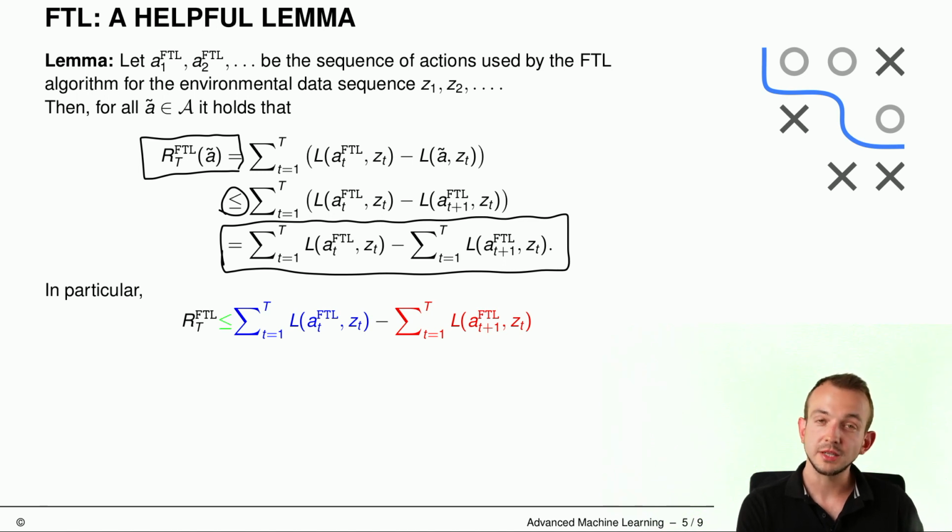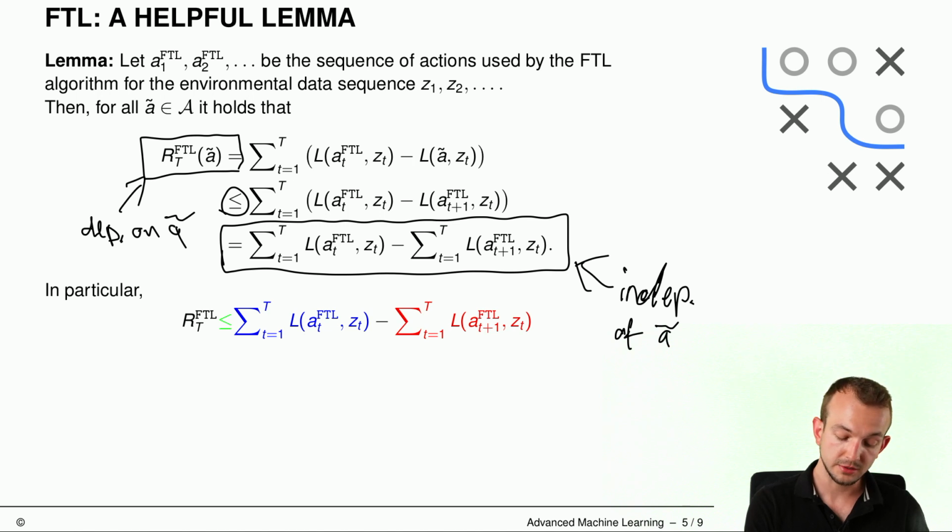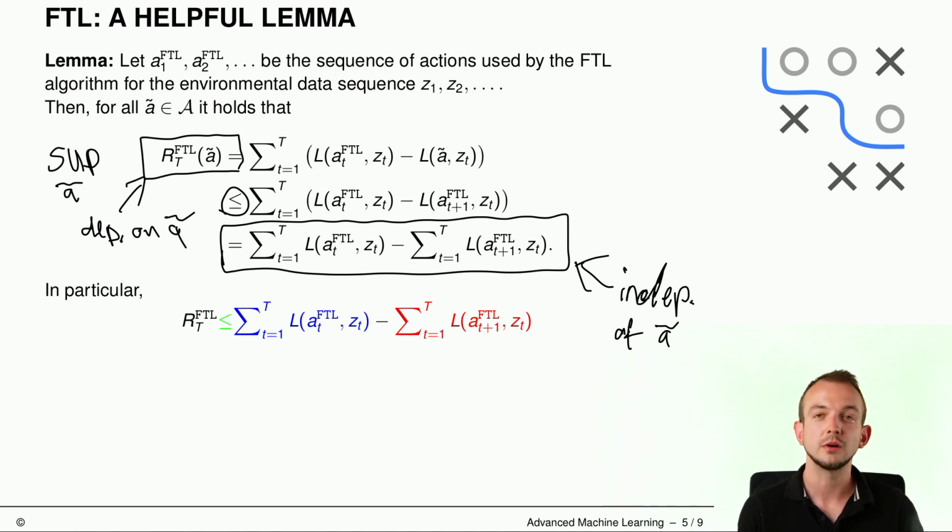The left-hand side depends on the A tilde, but the right-hand side is independent of A tilde, as we see. So what we can do in particular is we can look here at the supremum over all competing actions A tilde, because this here is true for all A tildes.